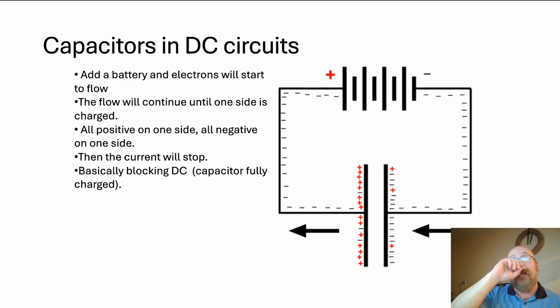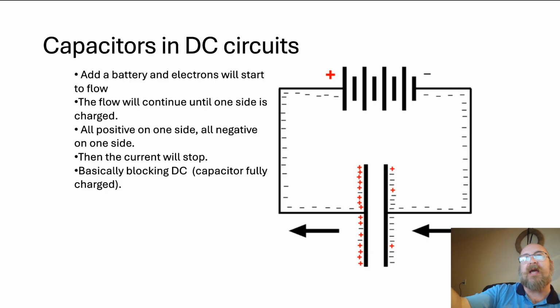What happens when we connect a battery to it is that our electrons flow and then they push the electrons off the other side of the plate. And it will continue to flow until one side is charged. Once we have all positive on one side, all negative on the other, then all current stops in a DC circuit.